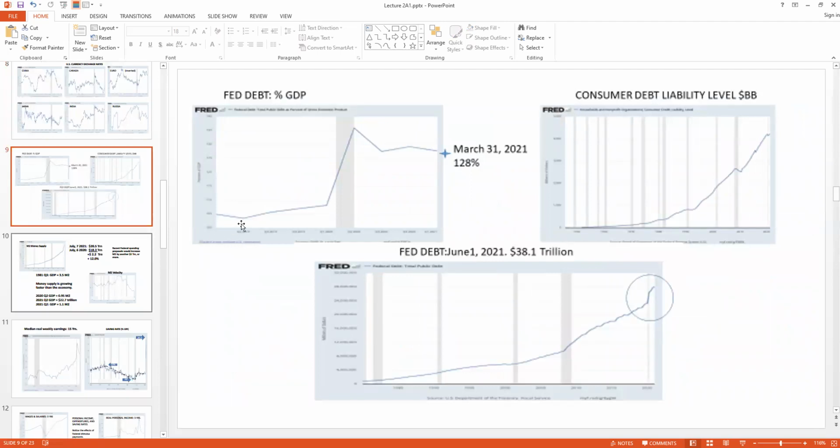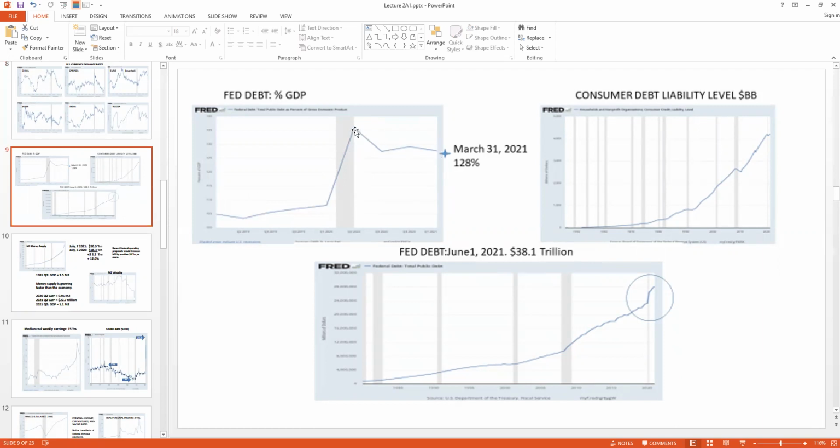Here, in fact, is a portrayal of US federal debt. And you can see that the debt as a proportion of our gross domestic product really shot up during the coronavirus. Now, it was already just barely over 100%, but by the end of last year, early this year in the first quarter, it had really shot up.